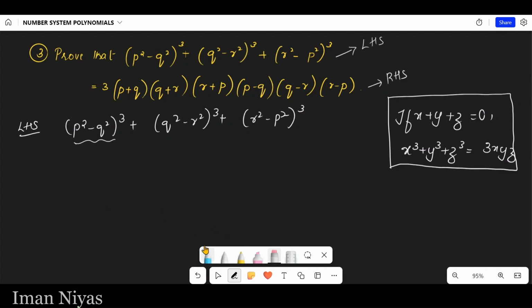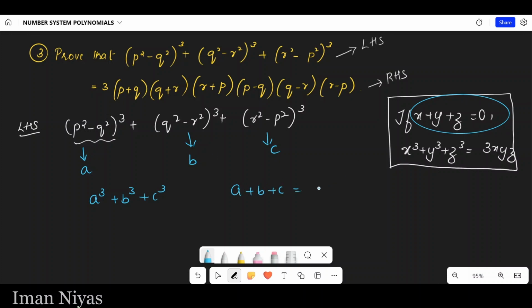First one I'm going to put as a, this as b, and this as c. That means it is reduced to the form a cube plus b cube plus c cube. This is the one we have to find out. For that, let me check first whether these add up to 0. That means I'm going to check what is a plus b plus c now.